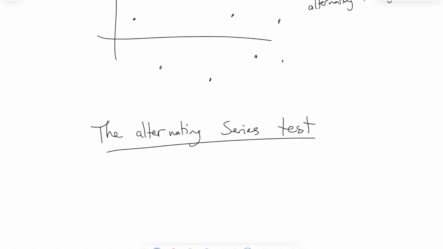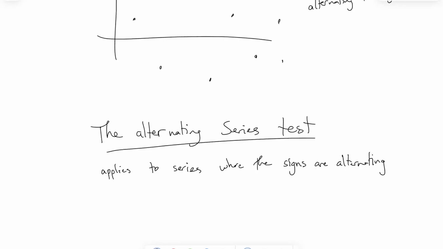This one really only applies to a series where the signs are alternating. And this is the setting in which you want to use the alternating series test. One bit of bad news about the alternating series test is it can only show that a series converges.